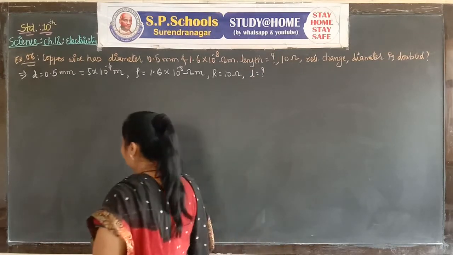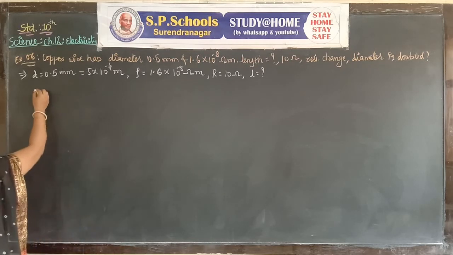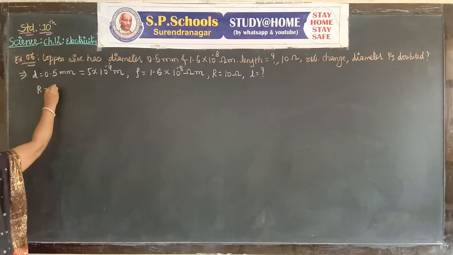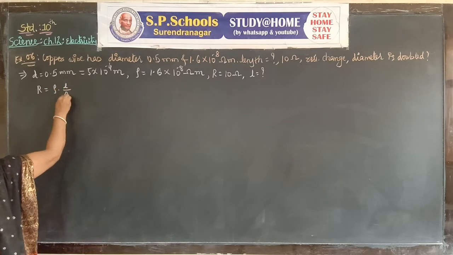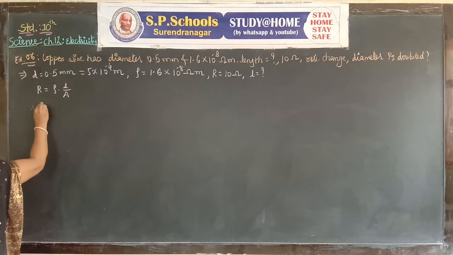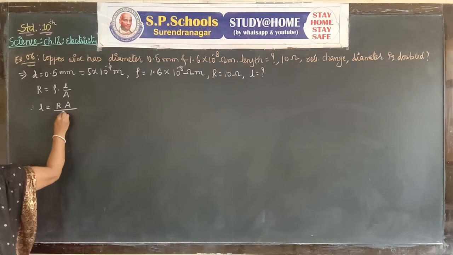We are already aware of the formula of resistivity, which is derived from practicals. We take R is equal to rho into L upon A. When we make L the subject, L is equal to R into A upon rho.